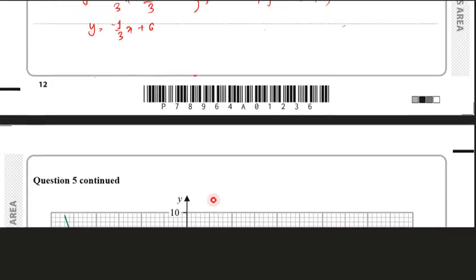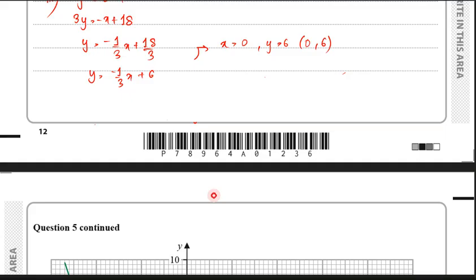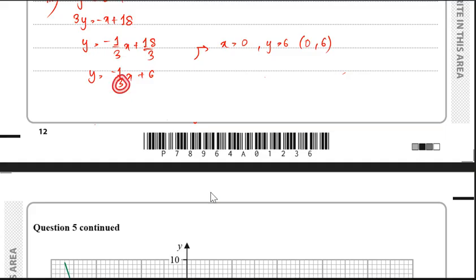Since we have a 3 in the denominator, if I use, for example, x equals 3 here, then we will be left with y equals minus 1 by 3, 3 plus 6. So this would be 5, right? The 3 will get cancelled, minus 1 plus 6 is 5.